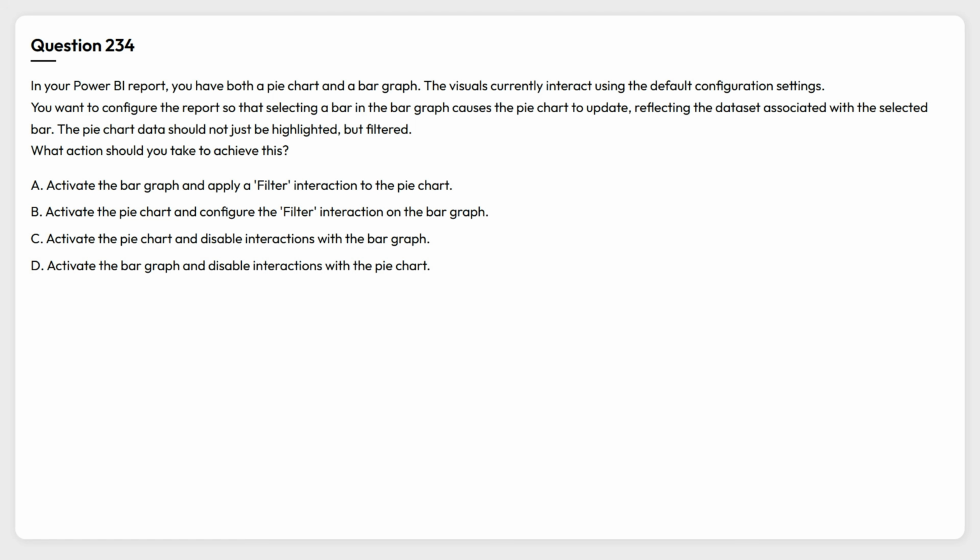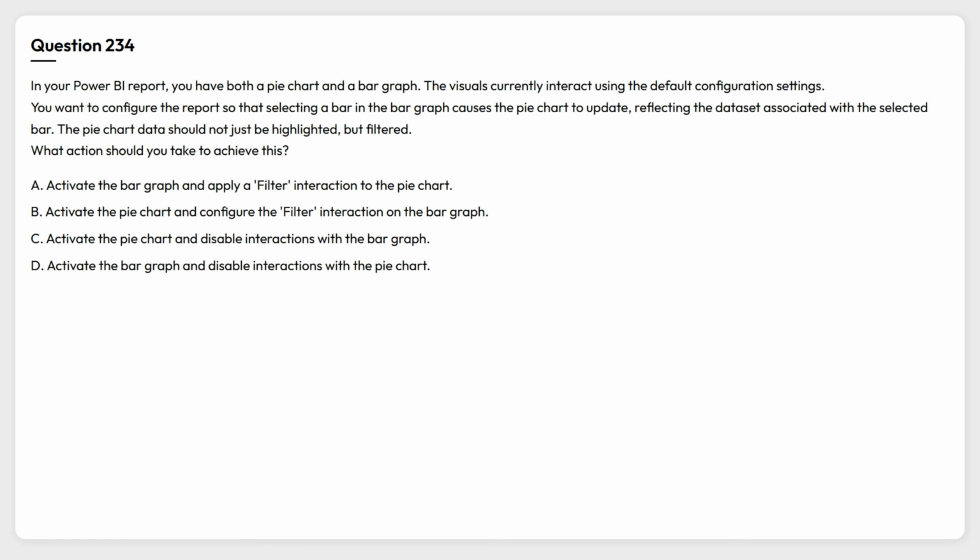Question number 234. In your Power BI report, you have both a pie chart and a bar graph. The visuals currently interact using the default configuration settings. You want to configure the report so that selecting a bar in a bar graph causes the pie chart to update, reflecting the dataset associated with the selected bar.